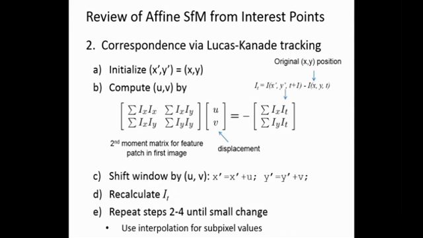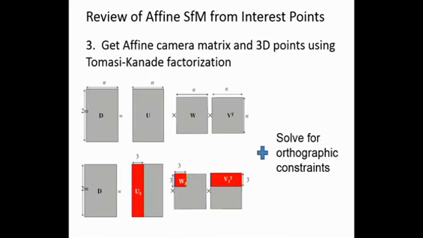So now the tracks are a set of observations where you're viewing the same 3D point in each image. That's homework 2. Then in homework 3, problem 4, you do affine structure from motion from these tracked interest points. You put everything into the measurement matrix, do your decomposition, solve for the orthographic constraints, and then you're done.